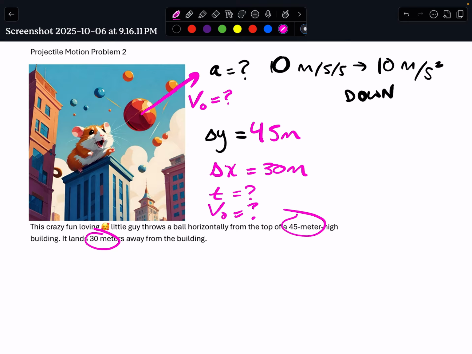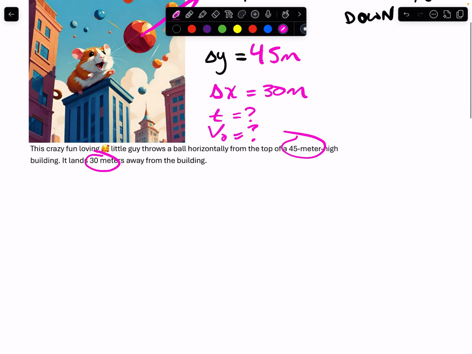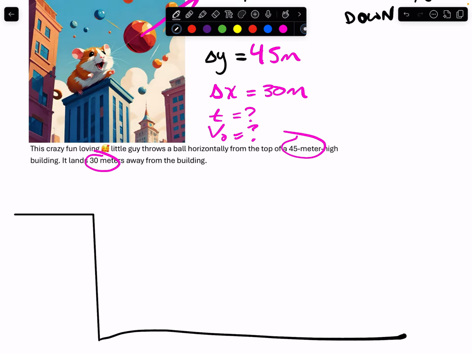So then to help me see this a little more clearly, I'm going to draw another picture here, just like from the side view. Pictures not drawn to scale. All right. So here's your little ball.